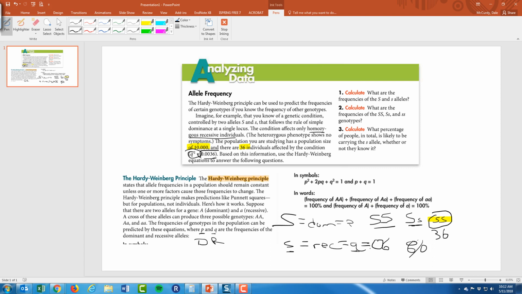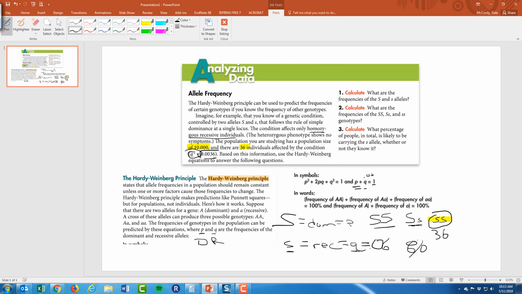So you just figured out, question 1, what are the frequencies of the big S and the little s? So we just figured out the little s. Now there's a formula here that says p plus q equals 1. So if we have little s, which is q, equal to 0.06, what must p be?